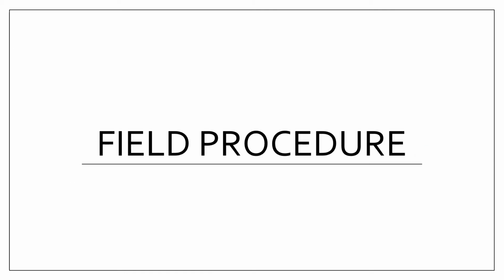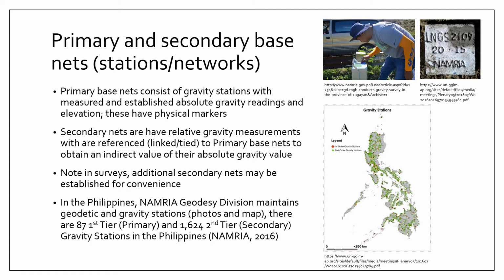Now, let's talk about the field survey. So I mentioned previously the reference or base stations or base nets or base networks, whatever you call it, as long as you call them base or reference, you won't be confused, all right? So base, and the keyword in base is, you have two types.